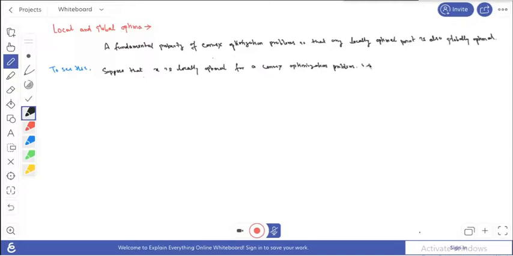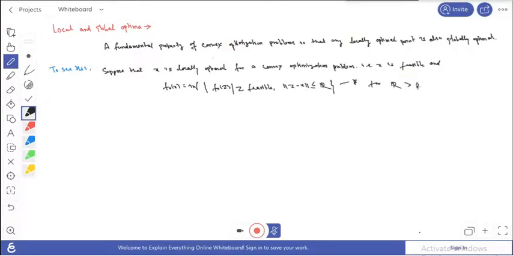That is, x is feasible and your objective functional value f naught of x equals the minimum value, that is the infimum of the objective function f naught, such that z is feasible and also satisfies the condition in this feasible region.